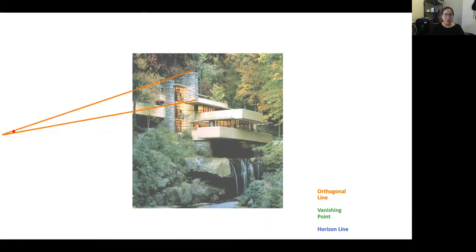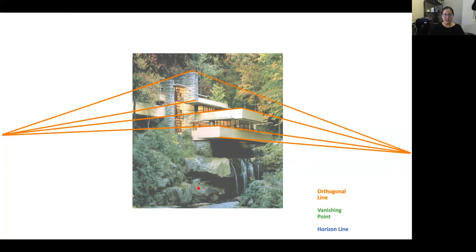And I keep working on the same points, same sort of practice. And I was able to find one vanishing point. And I'm going to work on the length of the building and find another vanishing point right there.